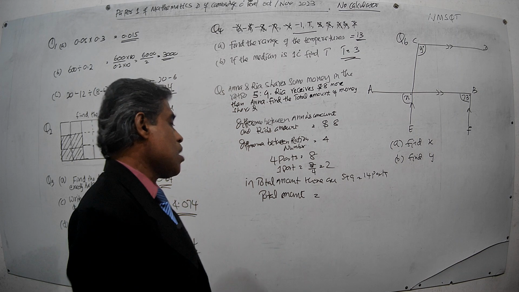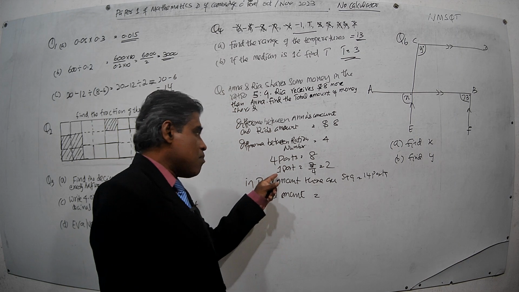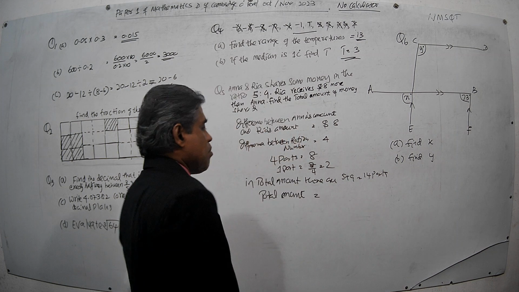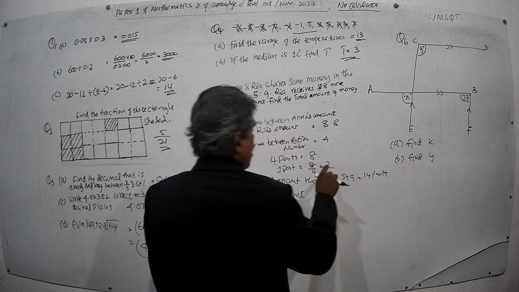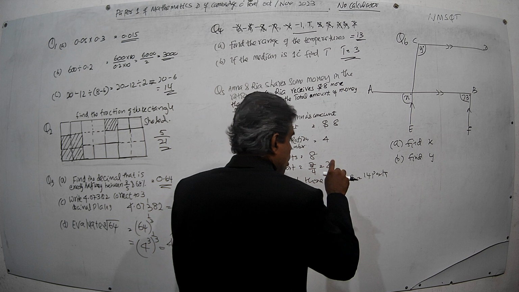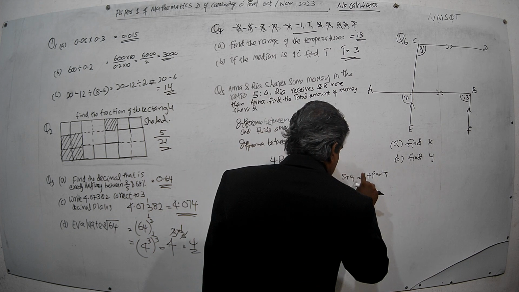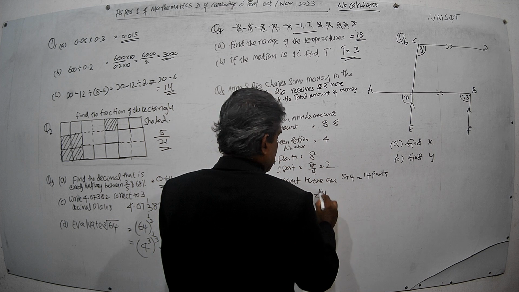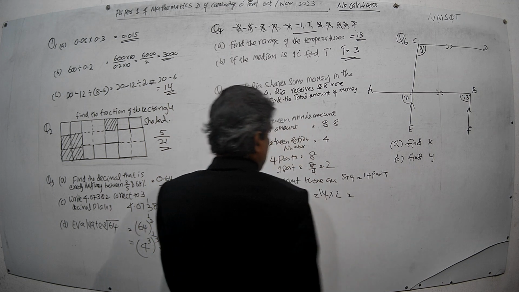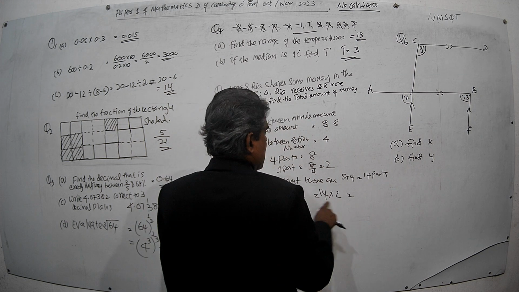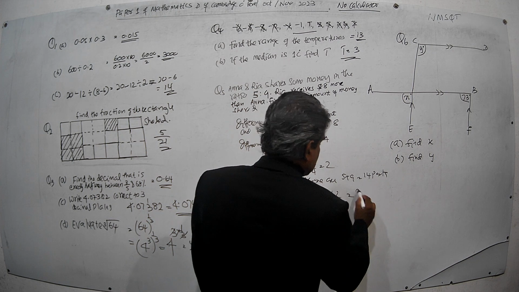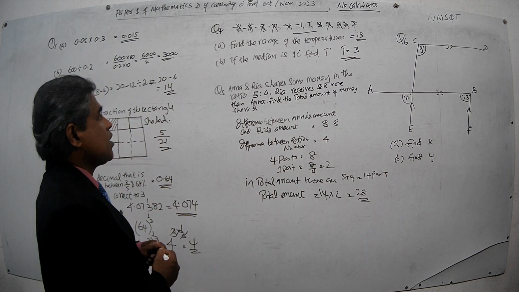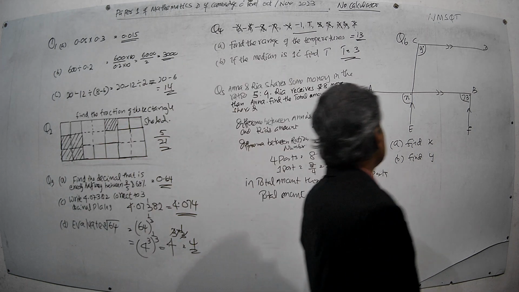One part is 2, total parts in the total amount is 14, so 14 twos. 14 twos means we multiply 14 by 2, then you get 28. The total amount is 28, right? Okay. Then go to this one, that is over.